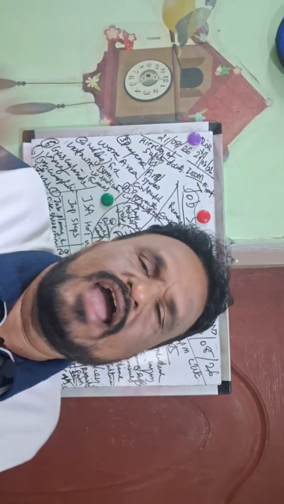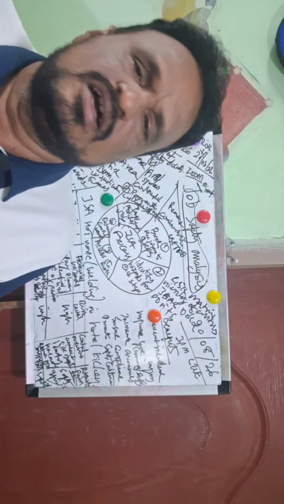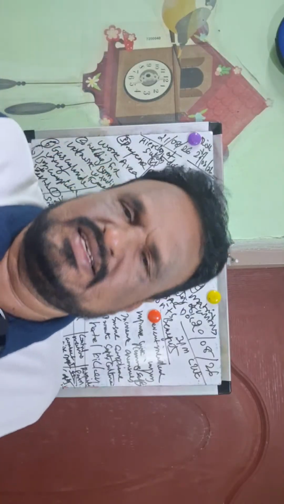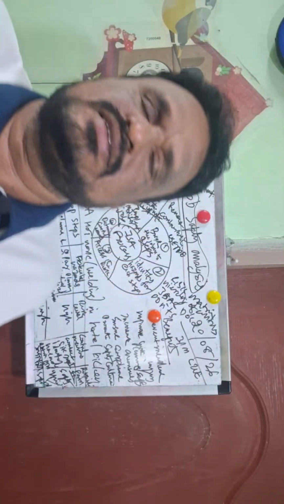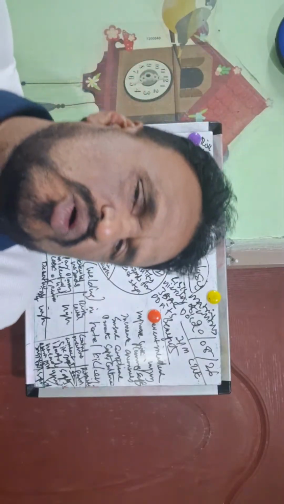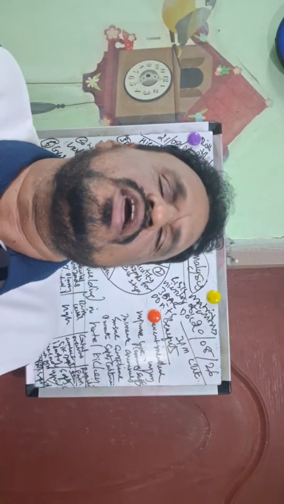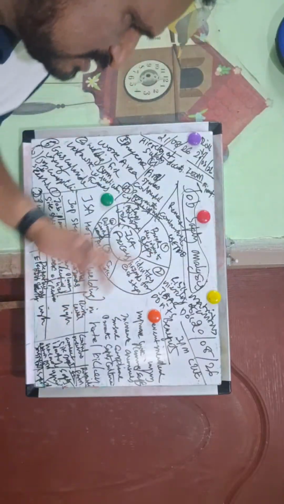In each step, you have to identify the hazard. After identifying the hazard, you have to assess the risk. After assessing the risk, you have to put in the control measures. That is the cycle of the job safety analysis. We will see it one by one.